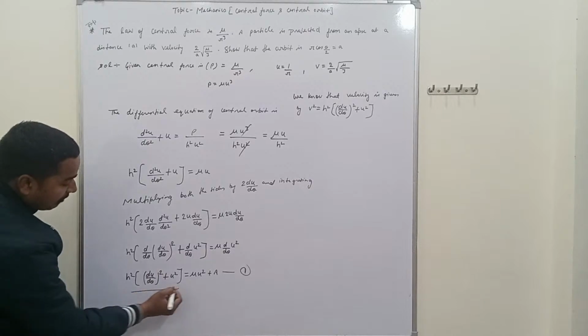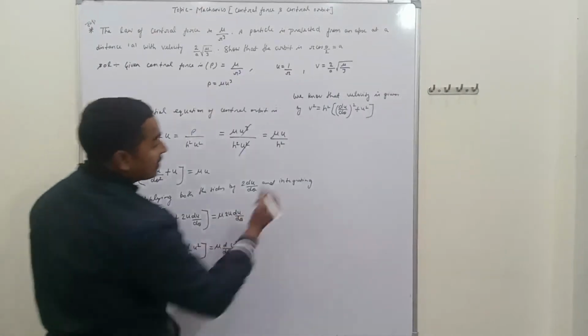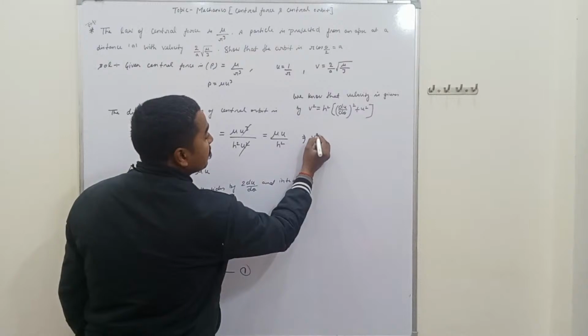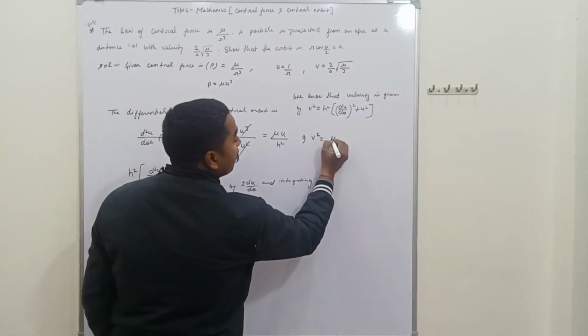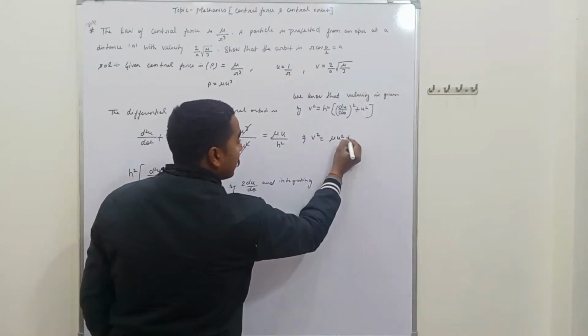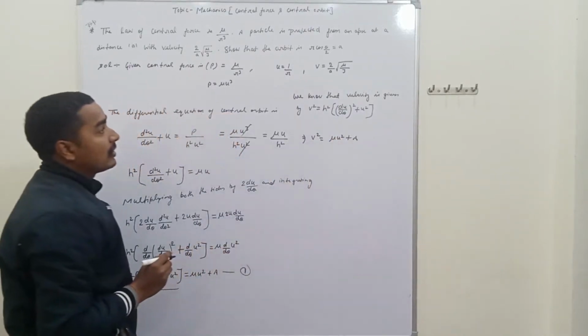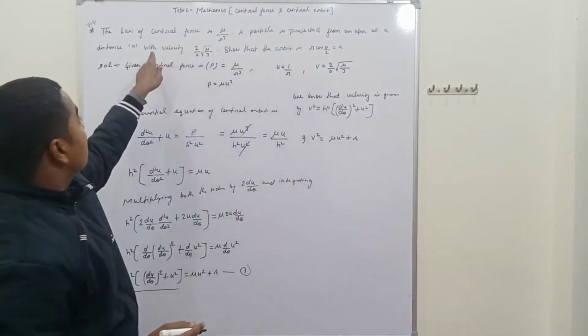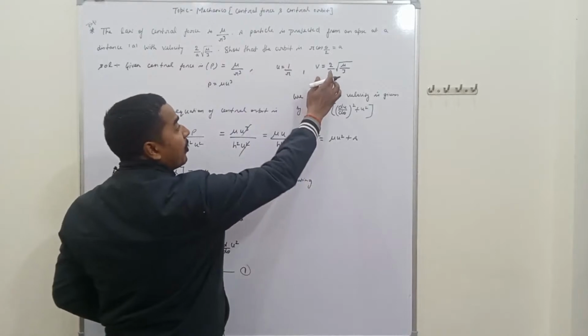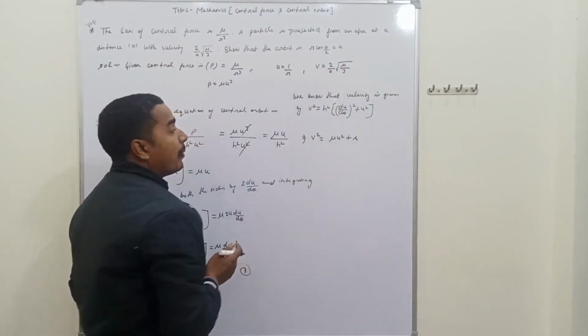We have to put in place of v square, that is v square is equal to mu into u square plus a. Further, in the question the velocity is already given as 2 upon a under root of mu upon 3.